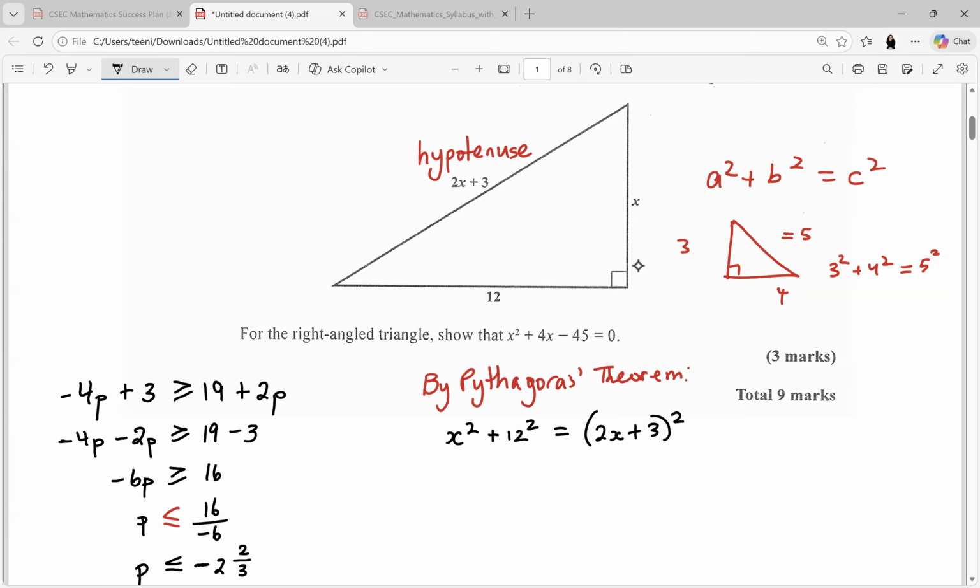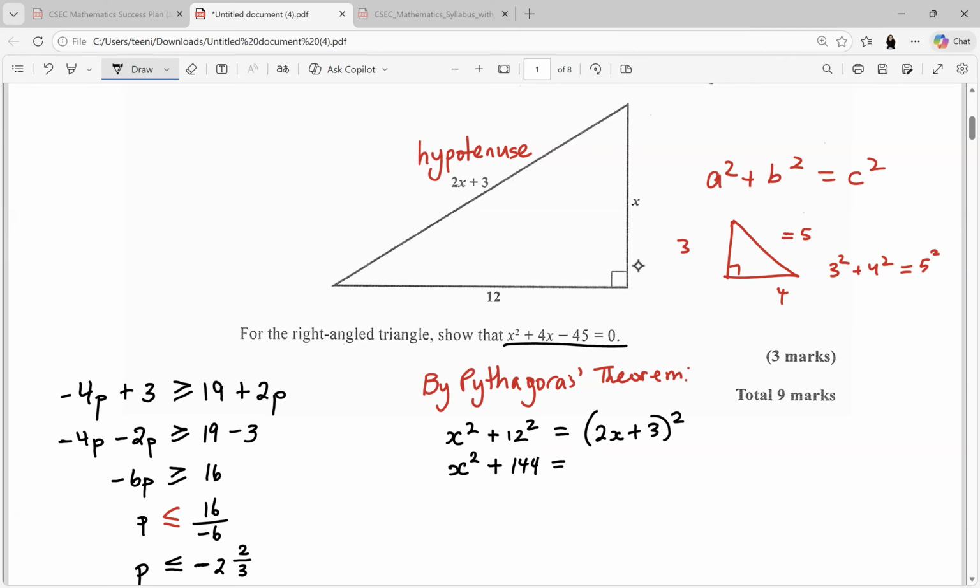So what we need to do is simplify this whole thing. First, we have to simplify (2x plus 3) squared, and we could simplify 12 squared as well, and then work towards obtaining this form, which is the quadratic form. So let's do that. You have x squared, so that will remain the same. 12 squared is 144.